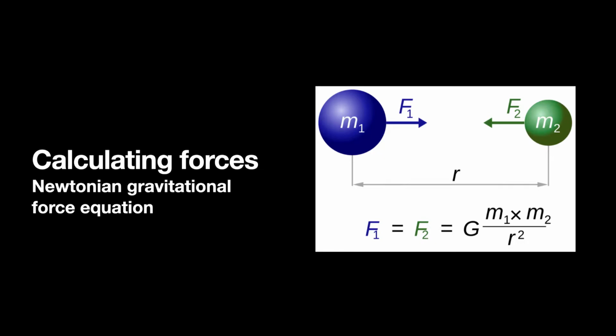So, let's take a first look at how we calculate the force. If you don't know already, Newton proved that the force exerted on a body by another body can be described via this equation. G is the gravitational constant here, m1 and m2 are the masses of the two bodies, and r is the distance between the two bodies.